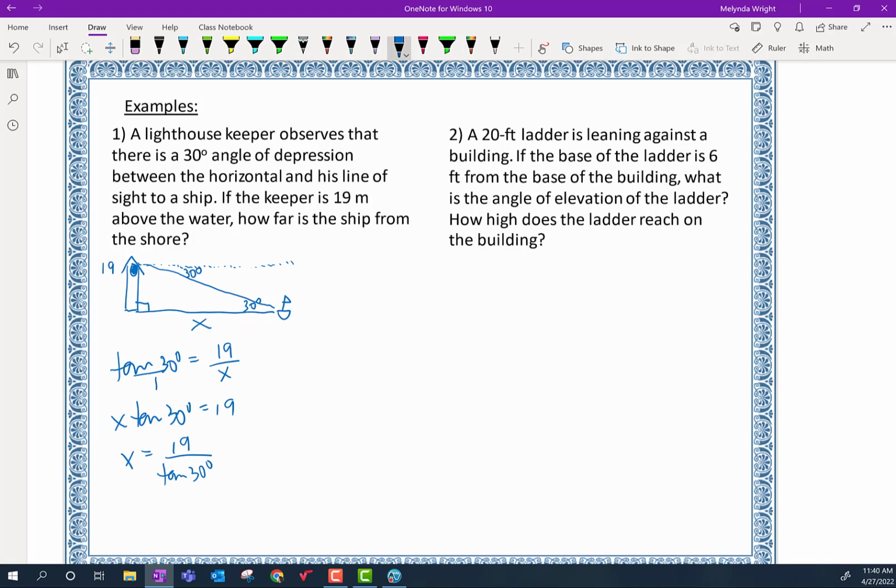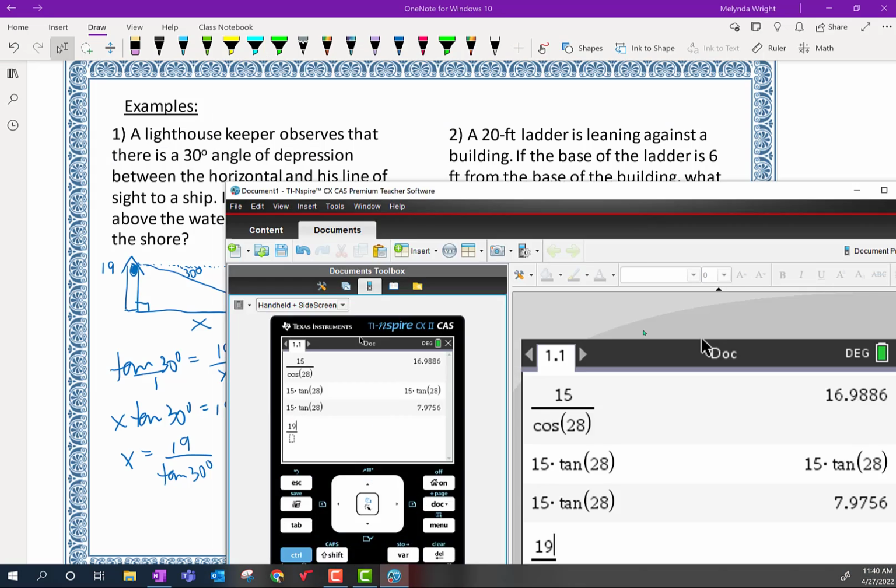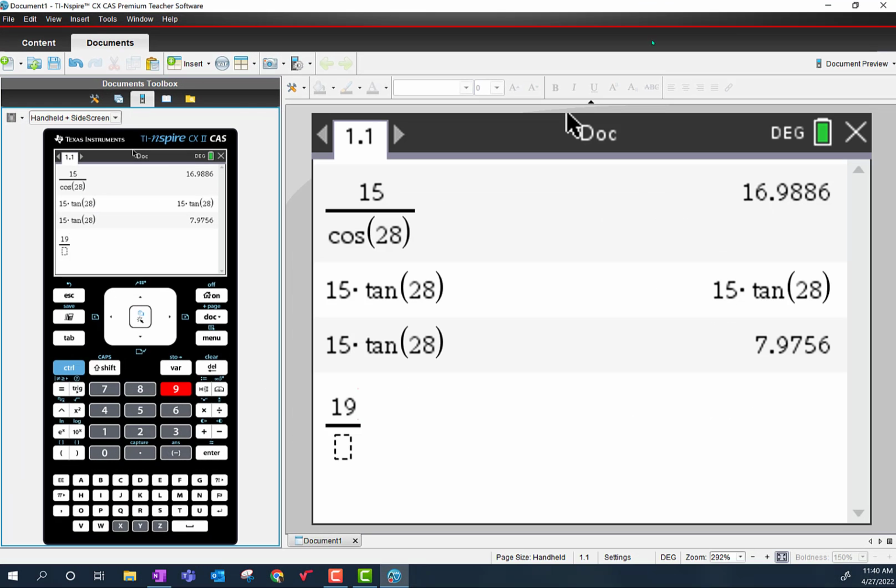Okay, so let's do that in our calculator. Opposite over adjacent, yep, 19 over adjacent, which was x. Let's go to our calculator. We're going to do a fraction, so Control Division gives us a fraction. And so we've got 19, let's make sure. Yep, 19 over tangent 30.